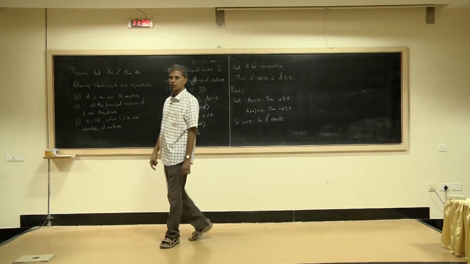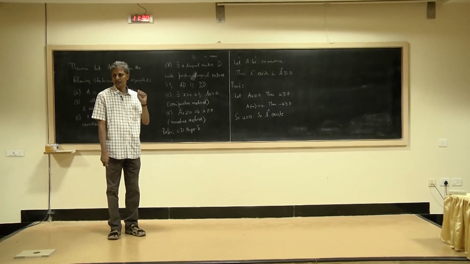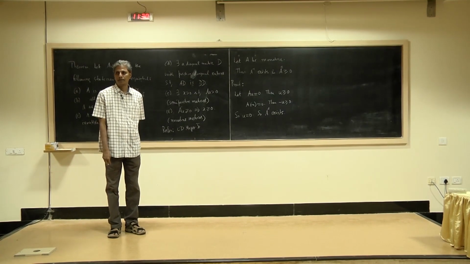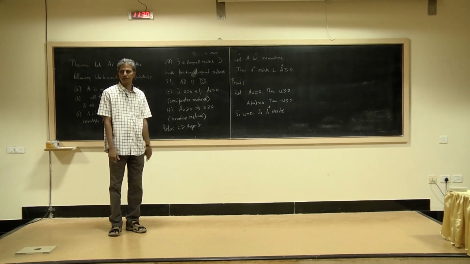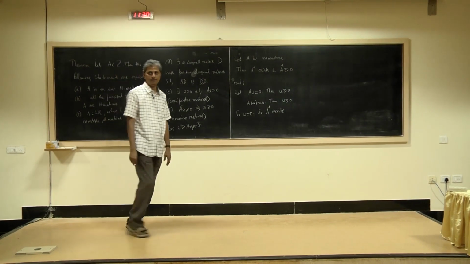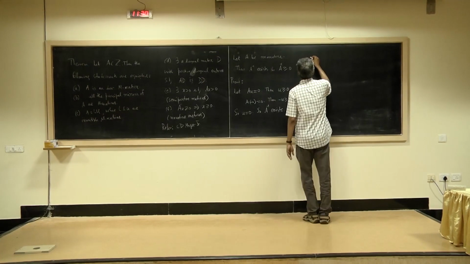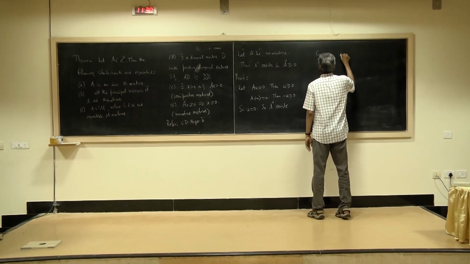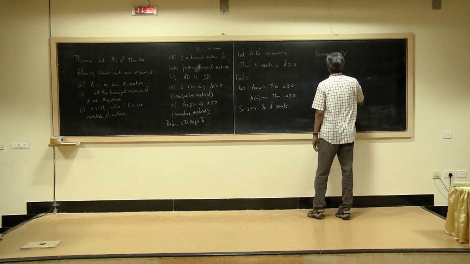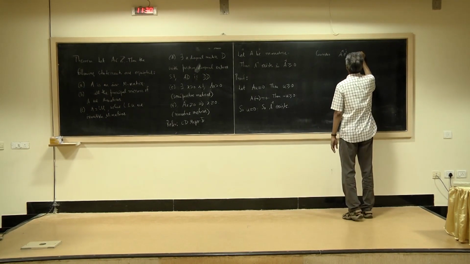You want to show that a matrix is non-negative, then you show that each column of that matrix is non-negative. So consider A inverse e_i. Let's call this u_i.